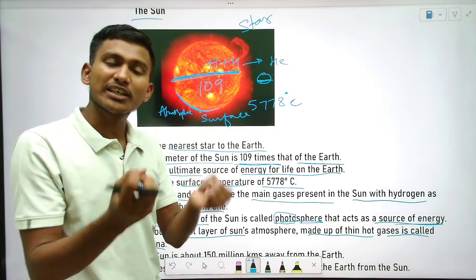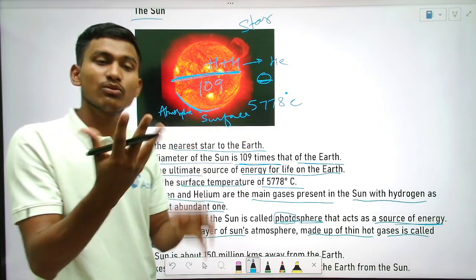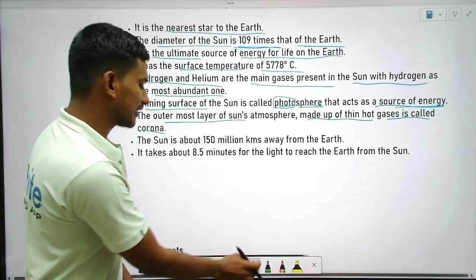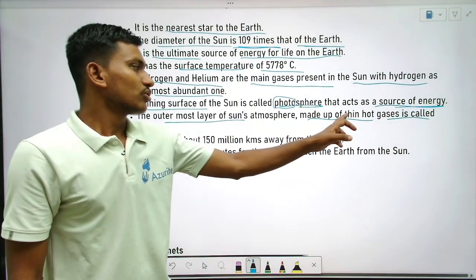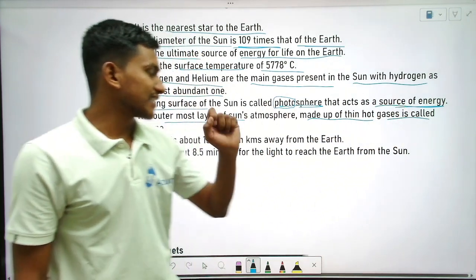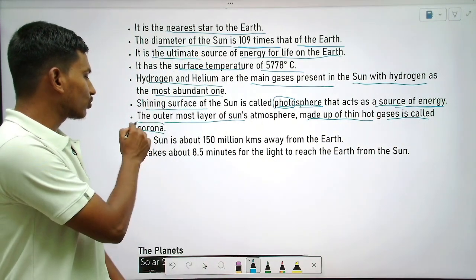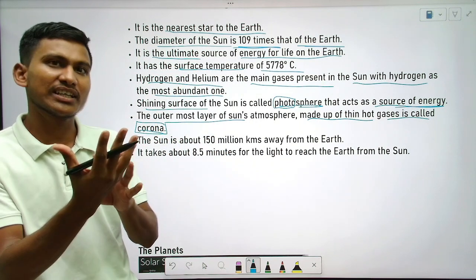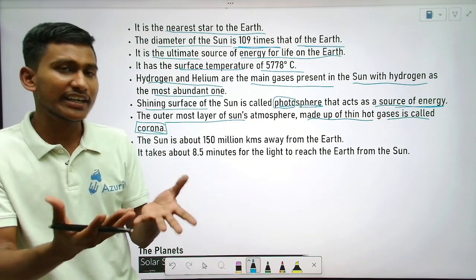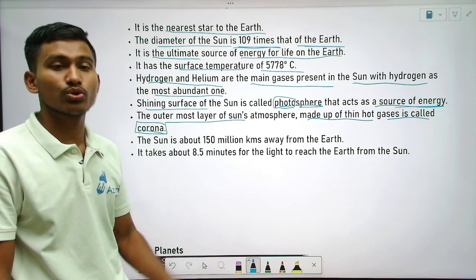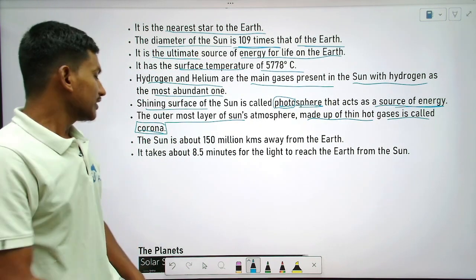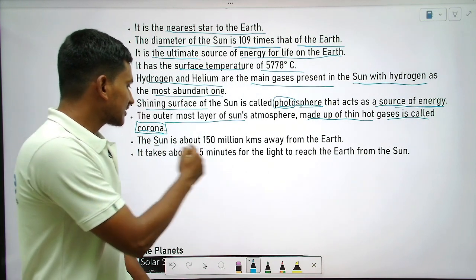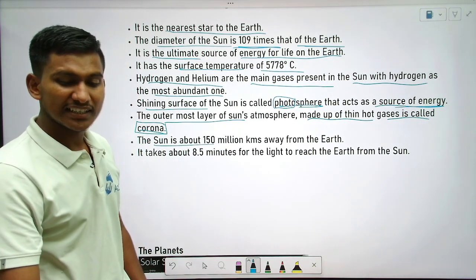Because of the heat, they will get heated and warm, right? So they are all hot gases. They are called corona. The name of the atmosphere where the gases are heated, we say it is the corona. Okay. So yes. The sun is about 150 million times what?